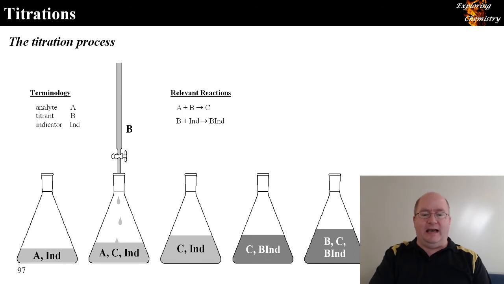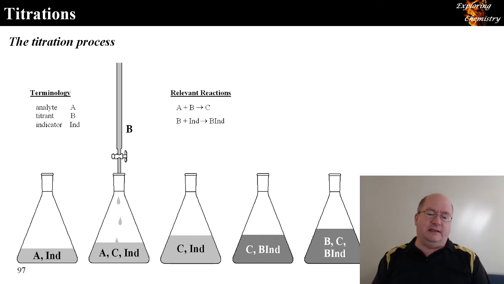The endpoint, yes. The endpoint is when you know you've used up all of your analyte and you've tripped your indicator. The goal in selecting an indicator is to make the indicator change color very, very close to the equivalence point so that the difference in volume is basically negligible.